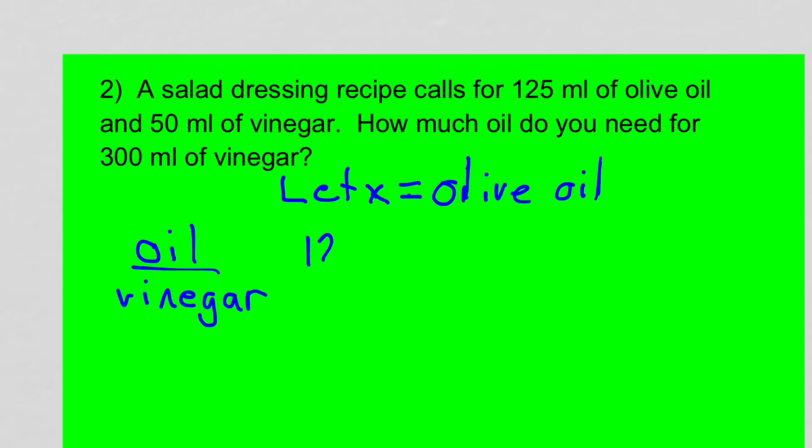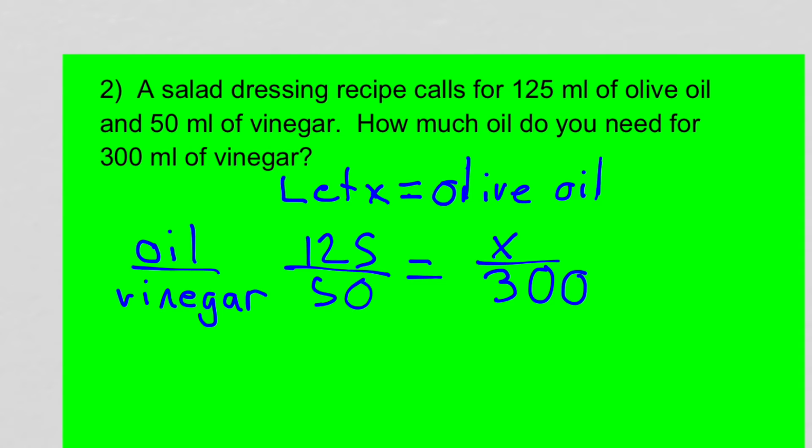So 125 over 50 equals, let's make another ratio with the unknown. The unknown is olive oil. We've said olive oil is on top, so we'll put x on top, and we want to know how much olive oil we'll need for 300 milliliters of vinegar. There's our proportion.